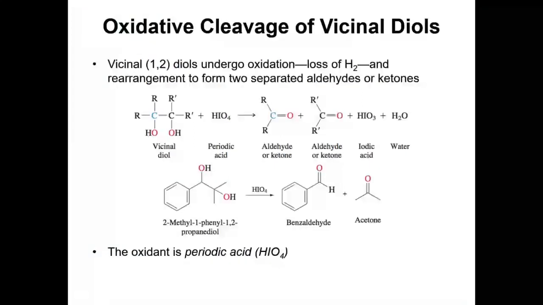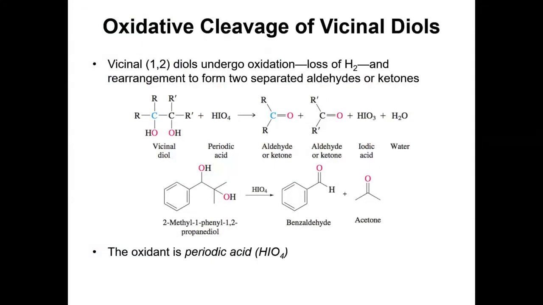In this reaction, we treat a vicinal diol using HIO4, periodic acid. In this compound, iodine has an oxidation number of +7, so this one is also an oxidant.